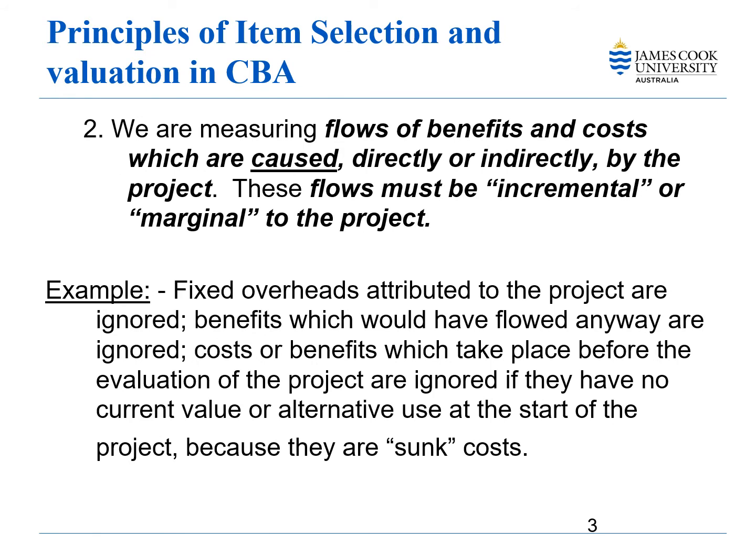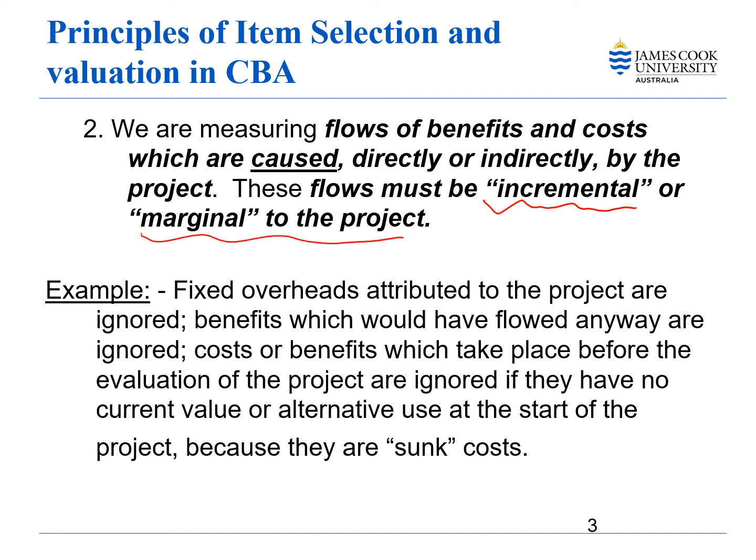Second, we are measuring flows of benefits and costs which are caused, either directly or indirectly, by this project. And importantly, these flows must be incremental or marginal to the project.